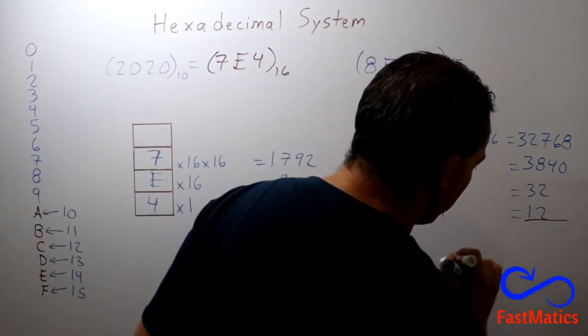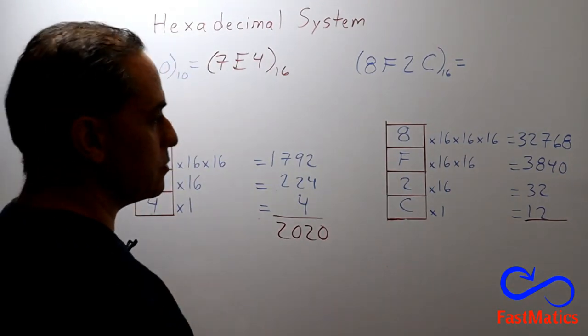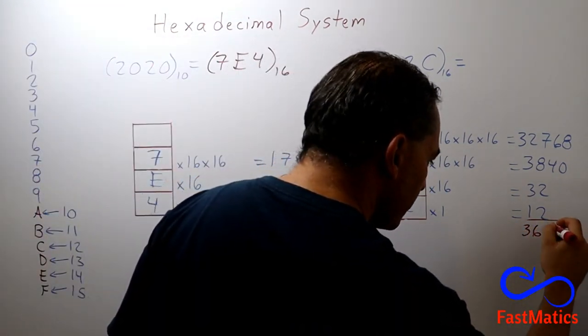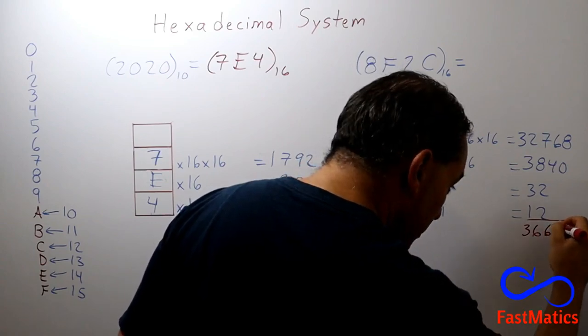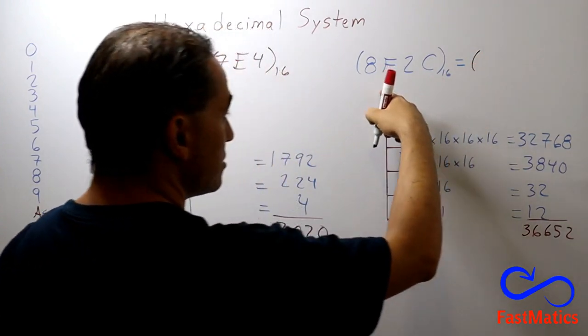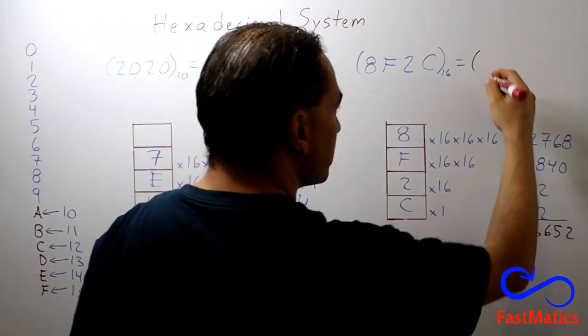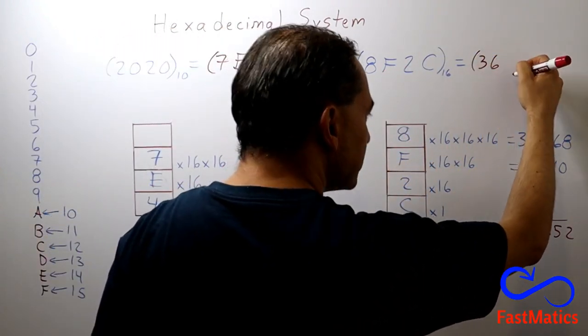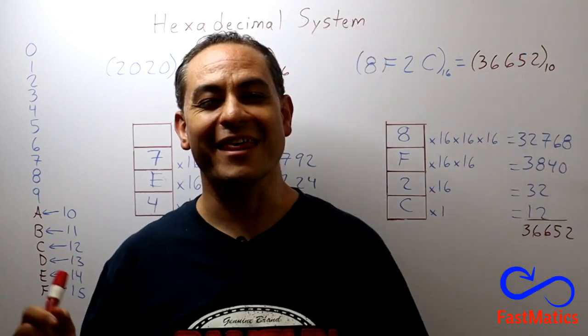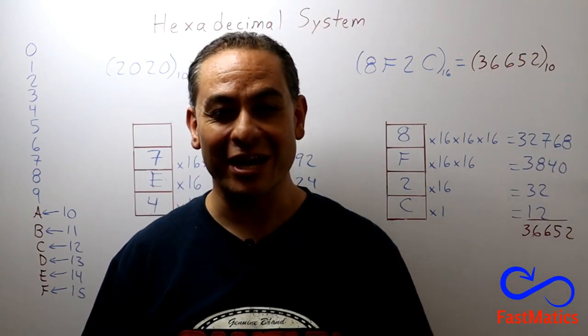Then if we add those numbers, the answer will be 36,652. So this hexadecimal number in our system is 36,652.